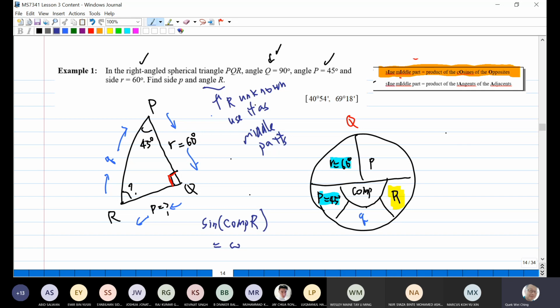So I'm saying cosine. Which one is below? P, right? So you use com P here, because P is below the circle. Then cosine of R, 60 degree.